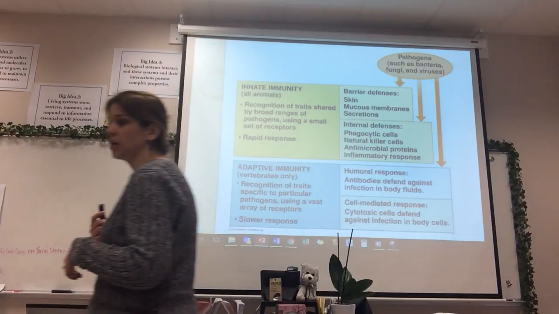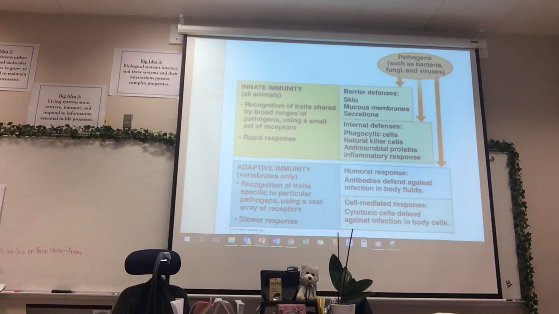Here's a diagram. You're not going to have time to fill this all in. Okay, but you could get just the basics here. Innate immunity is that top box. Adaptive immunity is that bottom box. Pathogens encounter that innate immunity first. Well, that makes sense, because the first thing you're going to try to do is keep it out.